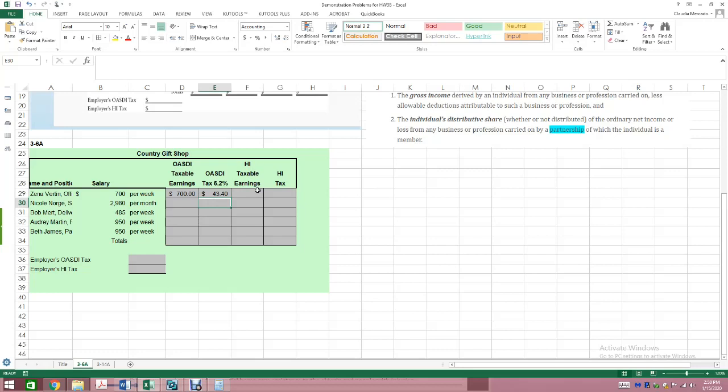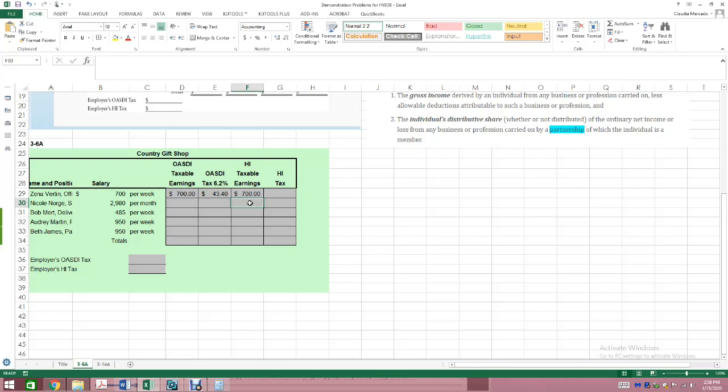For HI, what is my taxable earnings? Well, everything is taxable here, the whole 700. In this particular problem, they don't give you the year-to-date earnings, so we're going to assume everything shown here will be taxable. Remember, when we are calculating our taxes, we calculate OASDI taxes on the first $132,900 in wages, according to the 2019 figures.